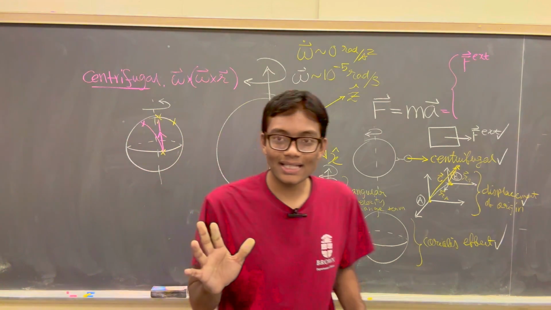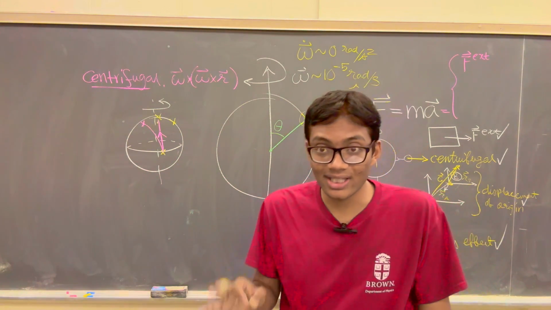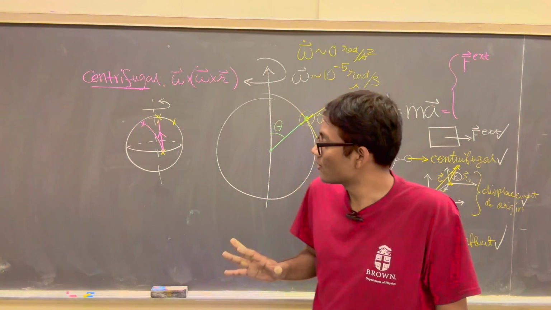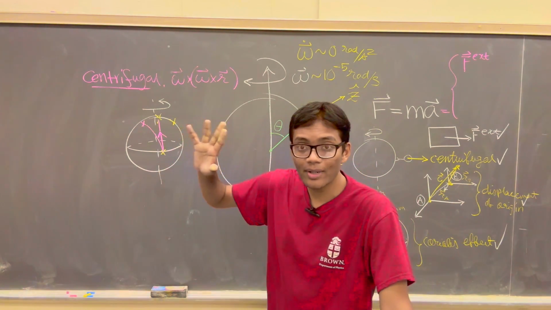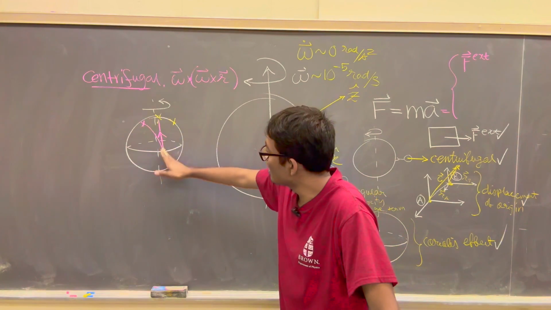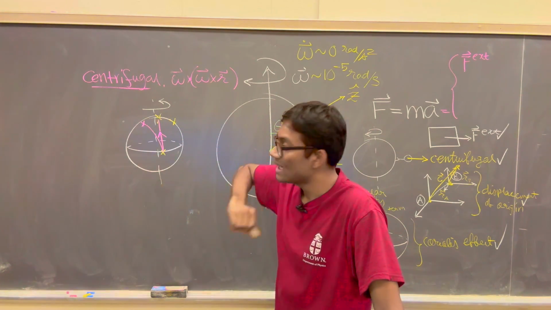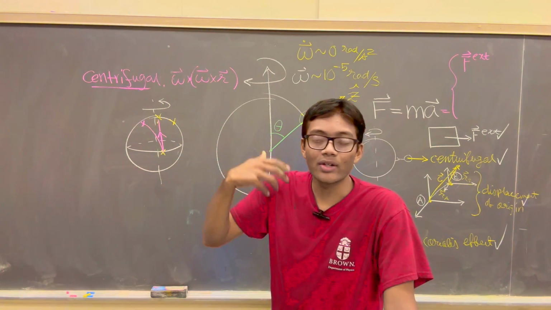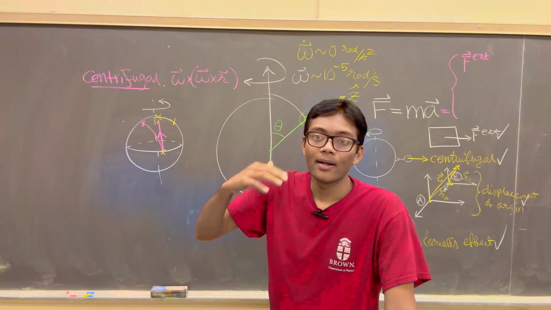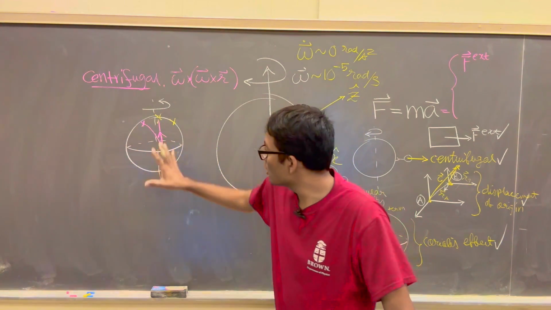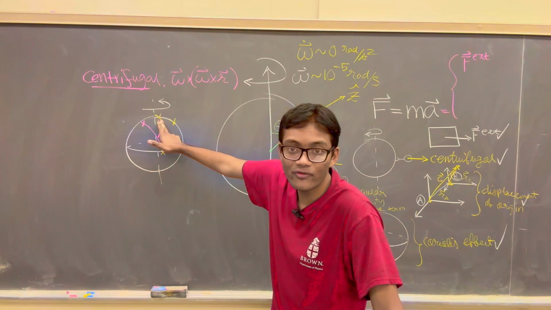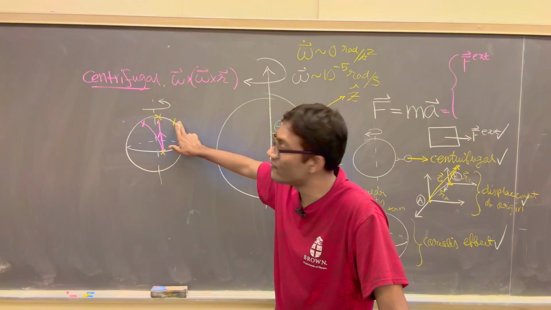If that doesn't make sense, think about it slowly, carefully. This is not trivial. You send a ball up to your friend. If the Earth was not rotating, your friend would just receive the ball. But the Earth is rotating, so by the time the ball reaches your friend's location, your friend has advanced.